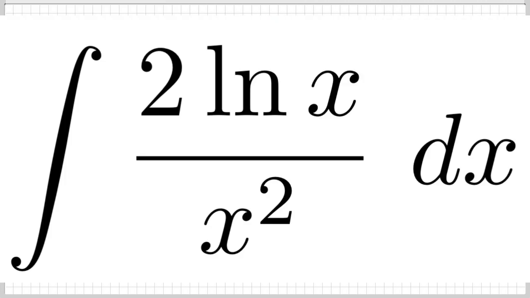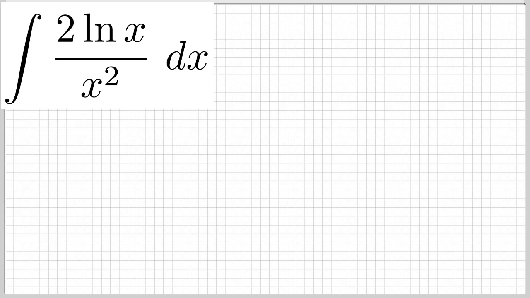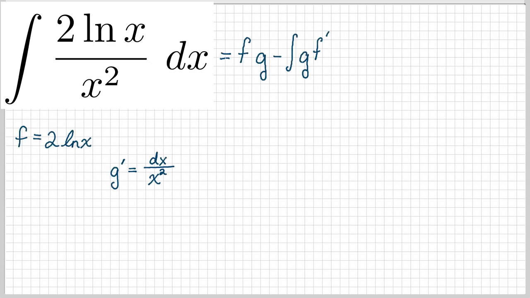No, I gave away the punchline now. All right. So, is everybody good here? I'm jumping back ahead with what I'm choosing for x and what I'm choosing for g prime.